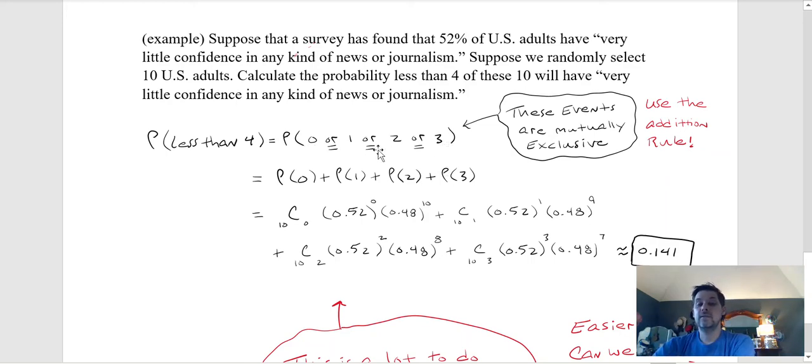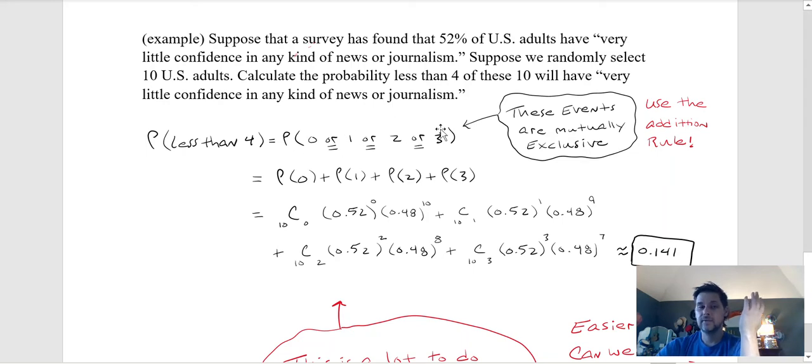Now, those are mutually exclusive events. One thing that I covered when we were learning about probability calculations is the addition rule. For the probability of event A or B, if they are mutually exclusive, what does mutually exclusive mean? They can't both happen at the same time.